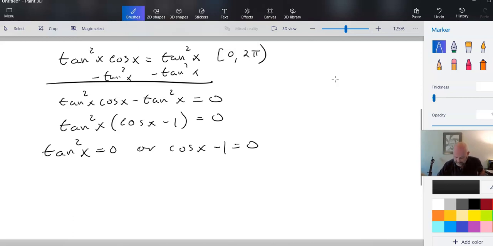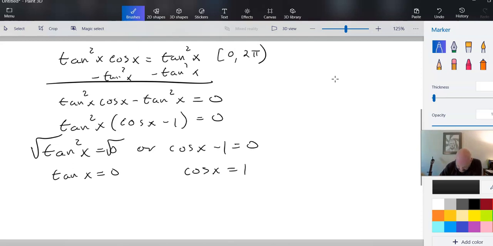Well, this one's only going to happen if cosine x is equal to 1, so we can work from there. For tangent squared x equals 0, if I take the square root of both sides, that means it's where tangent x is 0. So we can find solutions for both of these.